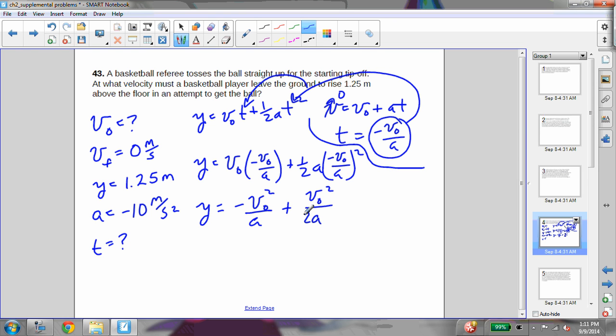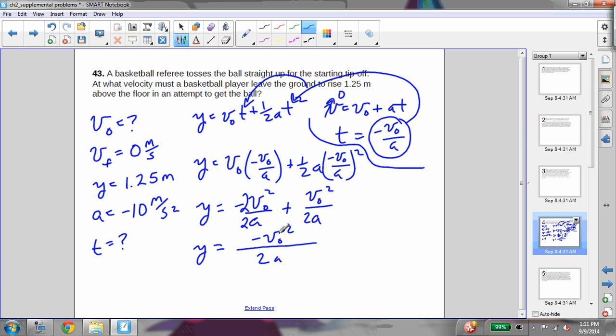So I have 1/2 V naught squared over a. And then if I simplify it further, y is equal to negative V naught squared over 2a. I'm going to make a common denominator here, so I'll multiply both sides by 2 over 2. So I get negative 2 V naught squared plus V naught squared over 2a, that's negative V naught squared.